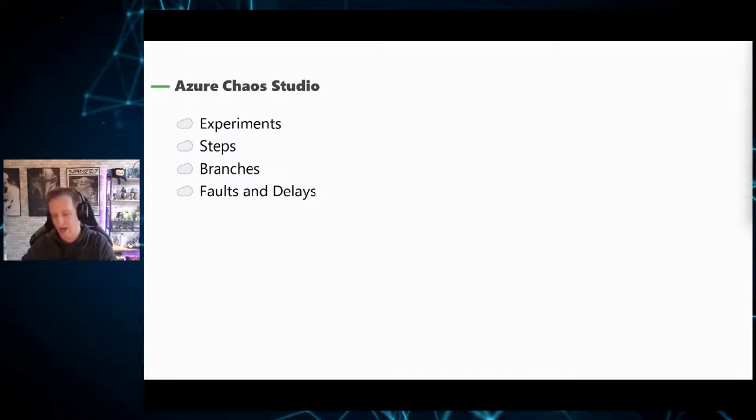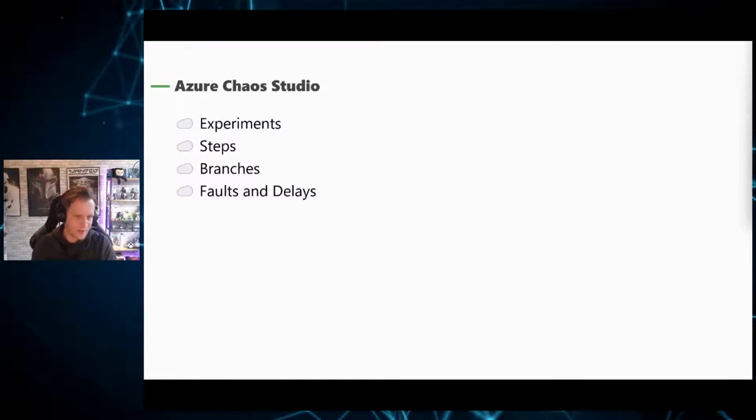Once that is done, you can have a next step, and within a step, you can do some logical grouping. So for instance, I would have a step to restart virtual machines, and then I would restart a bunch of virtual machines within that step, and then the next step would contain a branch with a fault that would pump up the CPU to 100% or kill all Internet Explorer processes.